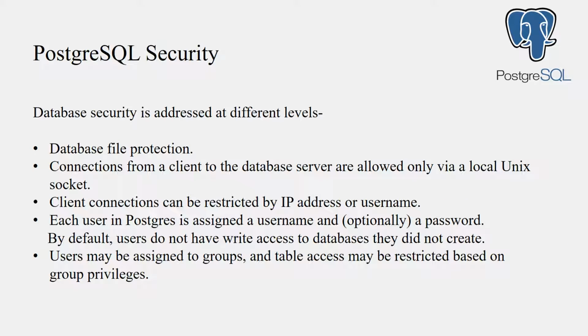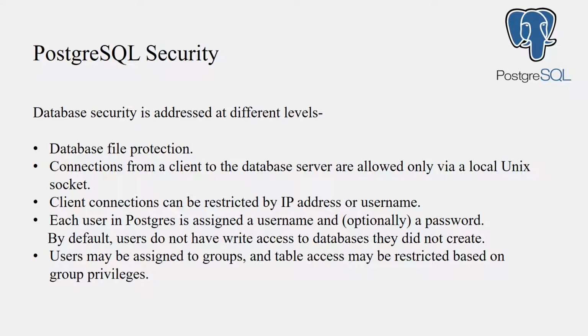Let us now look into the security aspects of Postgres. Database security is addressed at several levels. Database file protection: all files stored within the database are protected from reading by any account other than the Postgres superuser account. Connections from a client to the database server are, by default, allowed only via a local Unix socket, not via the TCP/IP sockets.